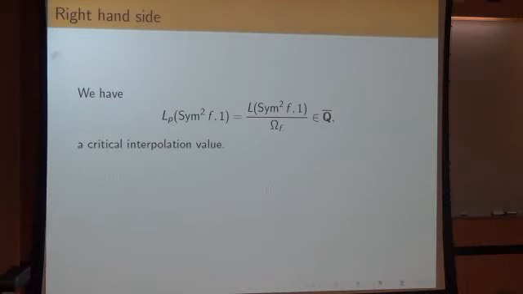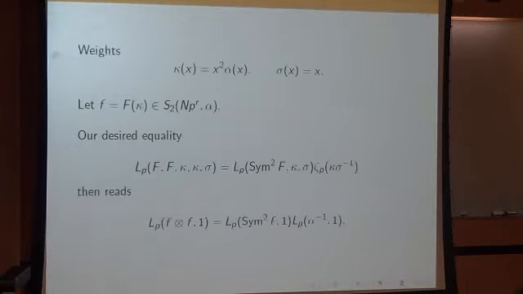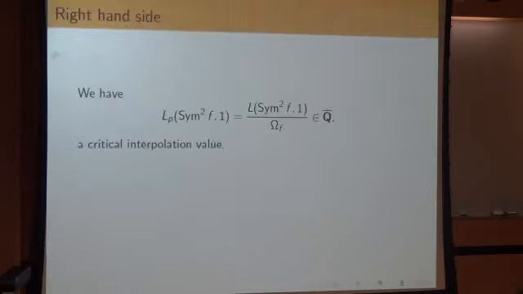Okay, so I said that the left-hand side of my equation was non-critical, and the right side overall is not critical, but this piece of the right side, it turns out, is critical. So that's a critical value. If you look back at when I said you can interpolate, it turns out that this is a critical value, and this is just an algebraic number, the algebraic part of the classical L-function. So that's the simplest of the three terms.